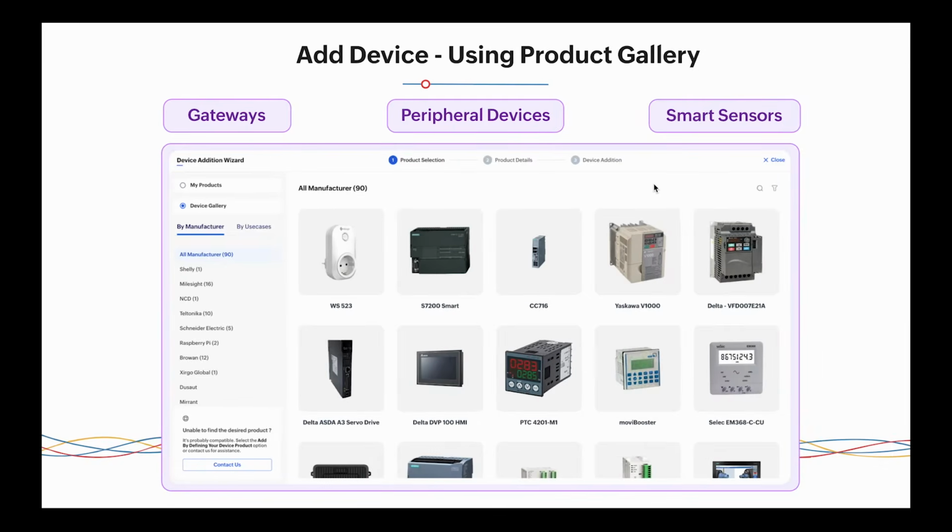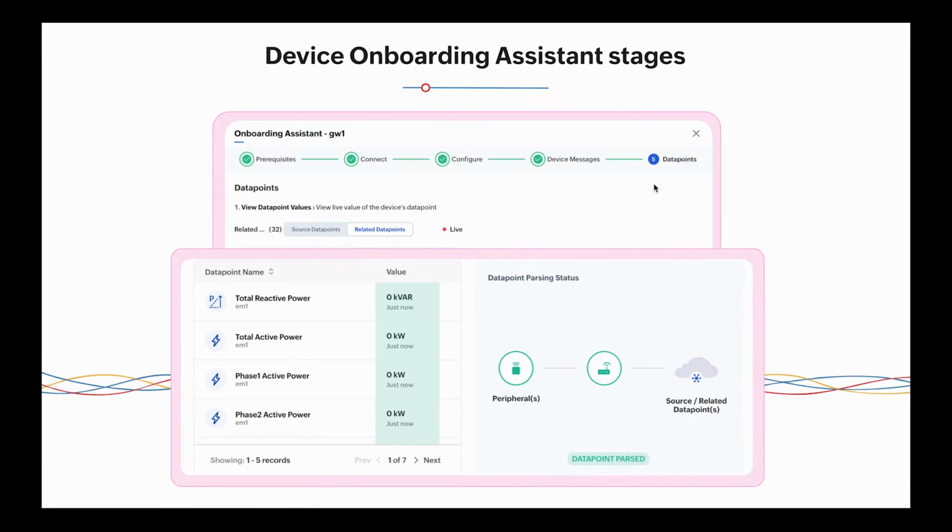Here we also looked into the various types of devices that you could add. You can broadly classify them as gateways, peripheral devices, and smart sensors, which could be LoRa or Bluetooth or Wi-Fi devices. We also looked into the device onboarding assistant.